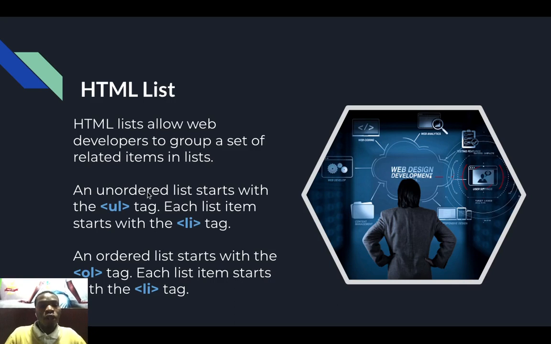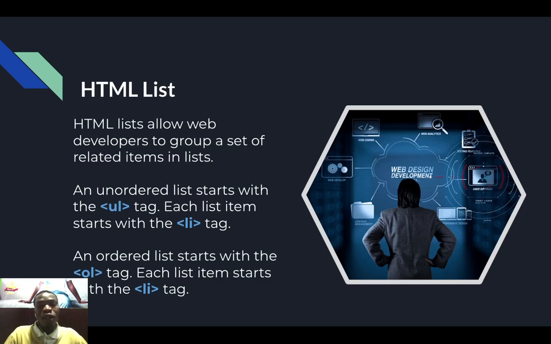Now we have the unordered list and ordered list. The unordered list is a kind of list item whereby there is no specific numbering, just dots or boxes or check signs. While the ordered list has numbering, and you can see it has the OL.